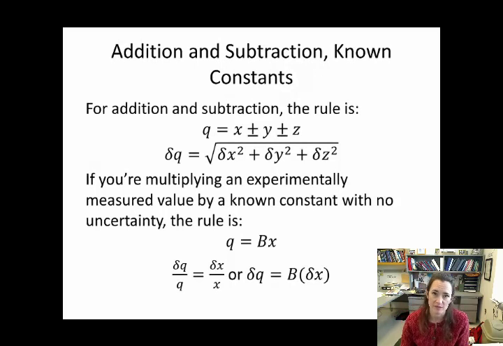In that case, what happens is the fractional uncertainty is preserved. So if you have, for example, a 5% uncertainty in x, then you're going to have a 5% uncertainty in q. If you don't want to calculate fractional uncertainties, then the way to find your uncertainty in q, delta q, would be to multiply your constant b times your uncertainty in x, delta x. So delta q is b delta x.